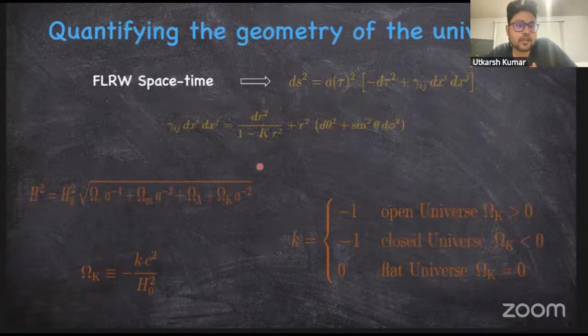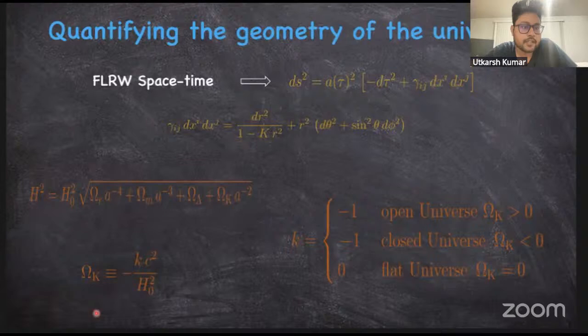The geometry of the universe can also be quantified by writing the first FRW equation such that the contribution of the curvature is written in terms of an energy density called the curvature density, which scales as a to the power minus 2, and the coefficient of the curvature energy density is parameterized as follows.